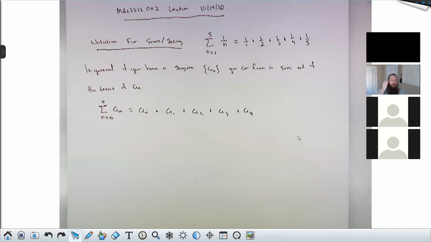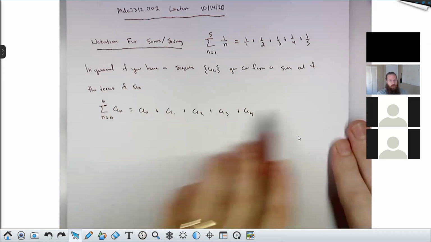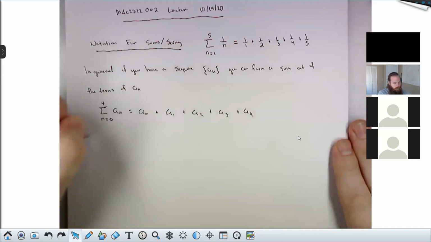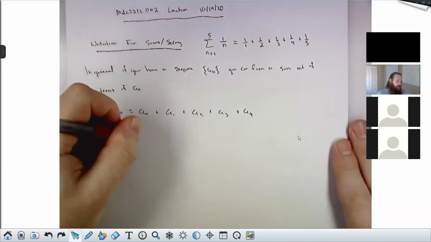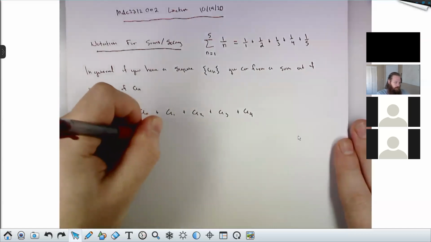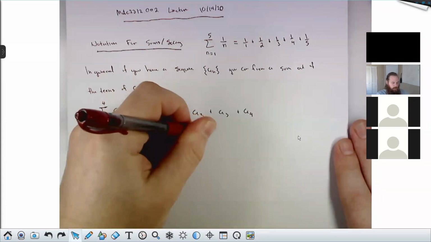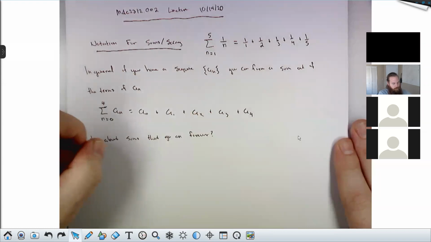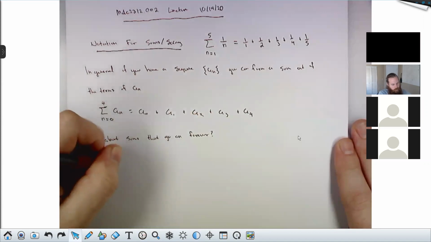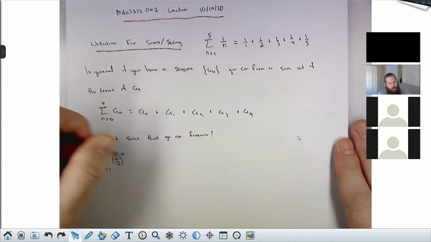Today, what we're going to try to do is figure out what happens when this goes on and on and on forever. So what about sums that go on forever? That would be something like maybe the sum from 1 to infinity of 1/2 to the n.